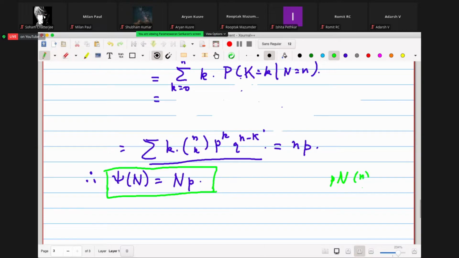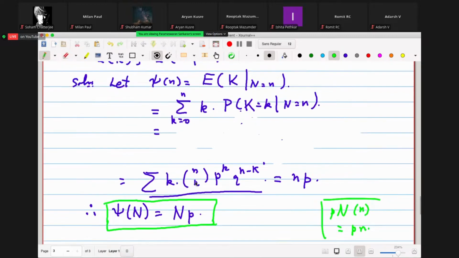What is its value at n? The value at n means capital N equals n, so this is p times n. Both left hand side and right hand side return the same answer, and so psi of n is equal to np. This is a crucial thing in order for you to proceed.